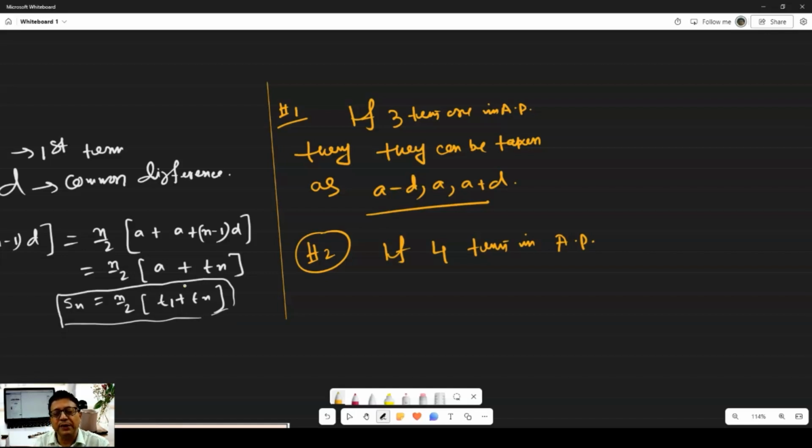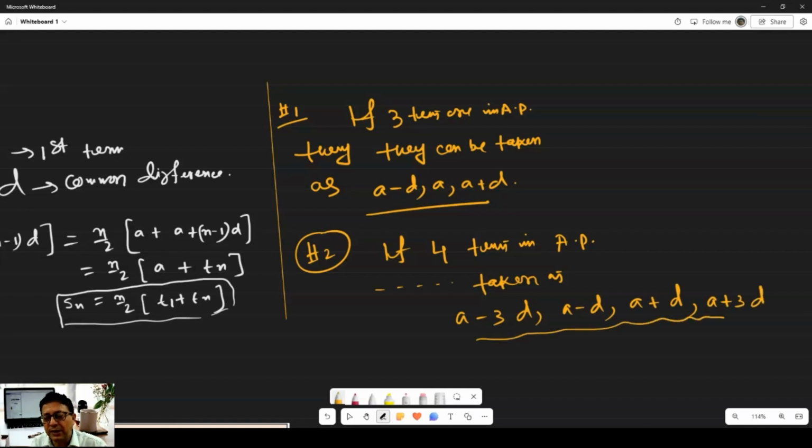If 4 terms in AP, they can be taken as a minus 3d, a minus d, a plus d, a plus 3d. Agree? What is the common difference I have taken here? 2d in this case.